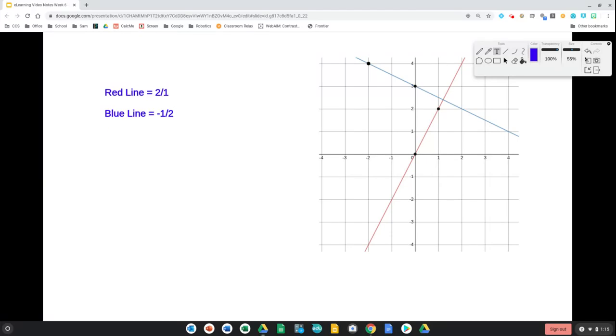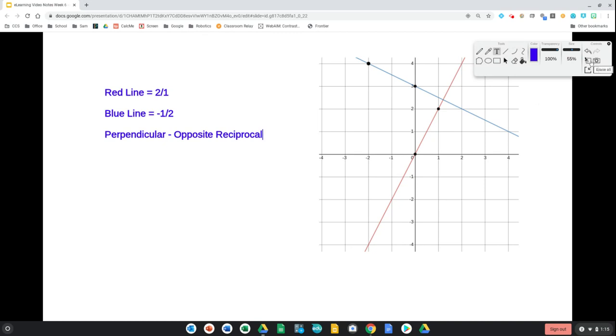So perpendicular lines have opposite reciprocal slopes. Parallel lines had the same slopes, but with perpendicular it's the opposite reciprocal, which just means two things: you flip it over and you change the sign.